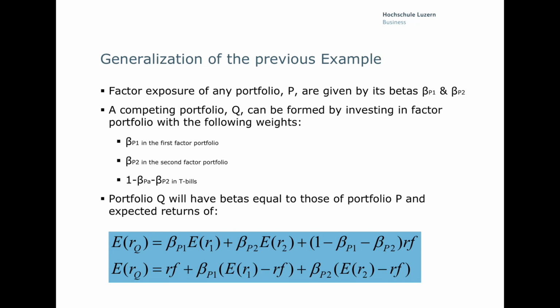By construction, portfolio Q will have betas equal to those of portfolio P and expected returns calculated by the following formula, known as the two-factor SML. If you look from the first to the second formula, we simply rewrite it so that we get the risk-free rate plus beta 1 times the premium of portfolio 1 plus beta 2 times the premium of portfolio 2.